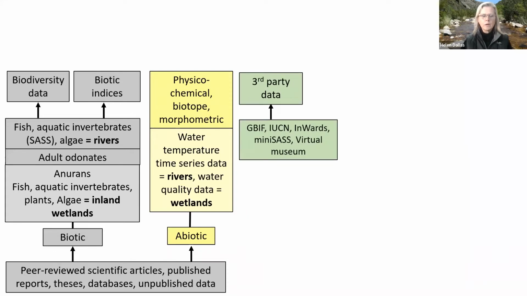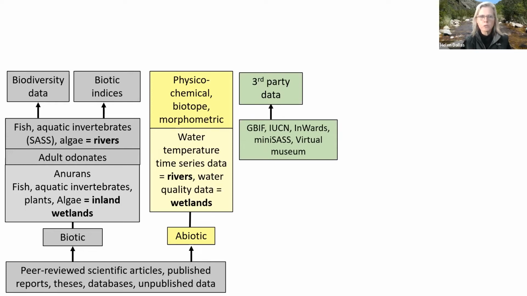Then we link and we lean very heavily on third-party data. We don't believe in bringing everything into one system, and we rely on synergistic relationships between information systems. So we bring in data from the Global Biodiversity Information Facility, or GBIF. We link, which includes, by the way, our naturalist research grade data.